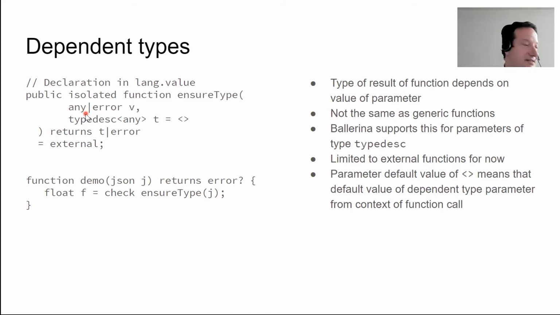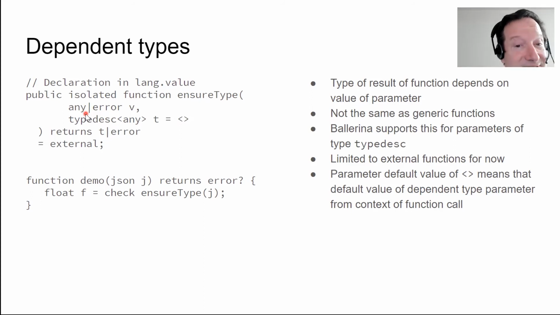The concept of dependent types is that the type of the result of a function depends on the value of a parameter. Usually you specify the type of the return value and it's just independent. It returns an int or returns a string.